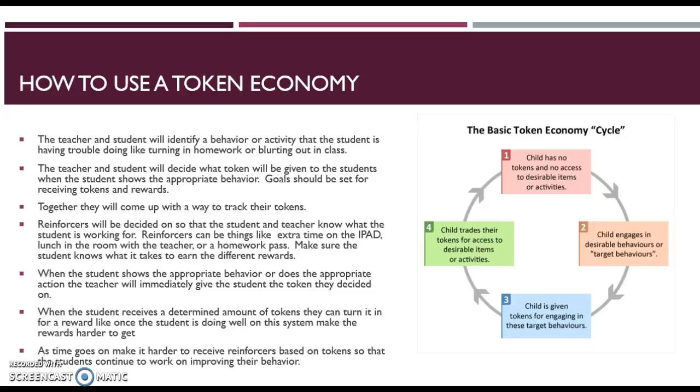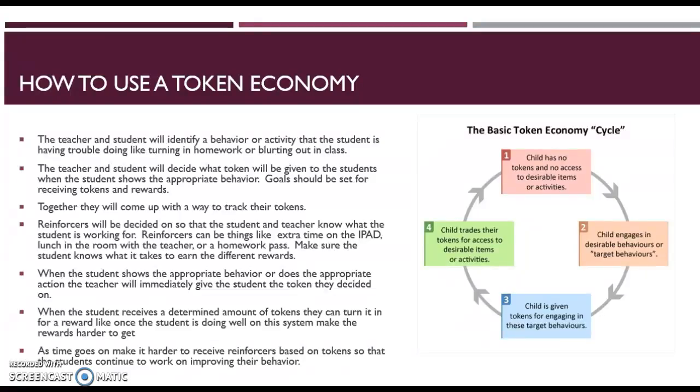Once the behavior or activity is identified, the student and teacher will decide what token will be given to the student when the student shows the appropriate behavior or does the appropriate action. Goals should be set for receiving tokens and rewards. That way they know how many tokens it takes to get certain rewards.